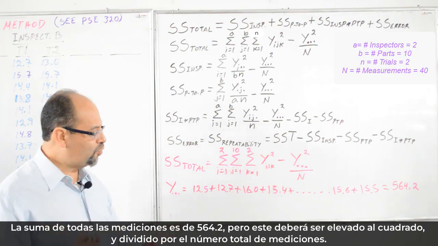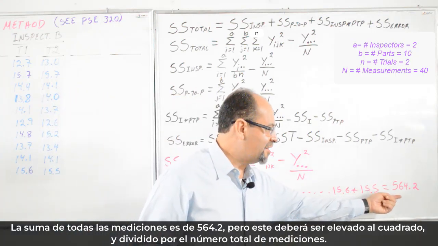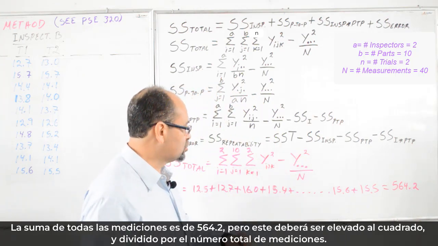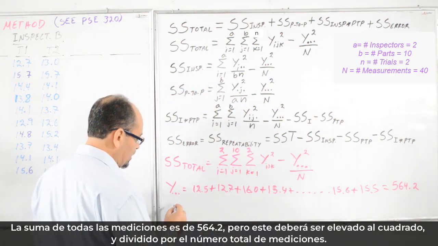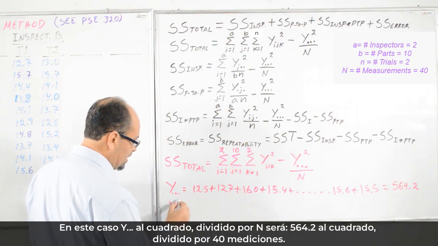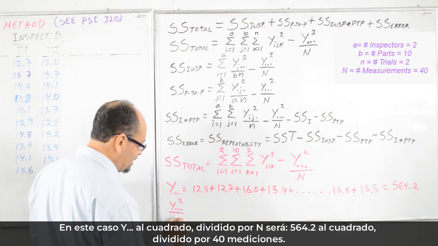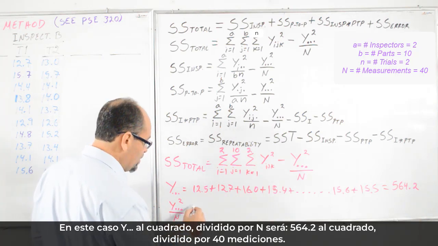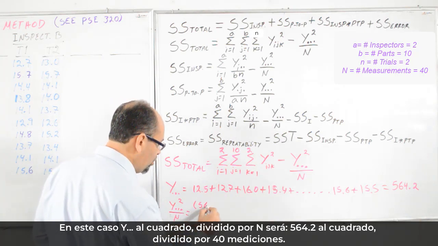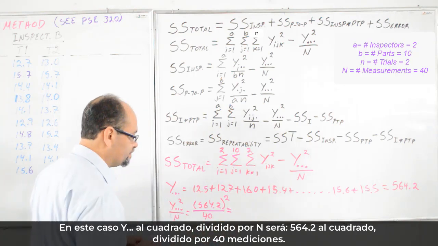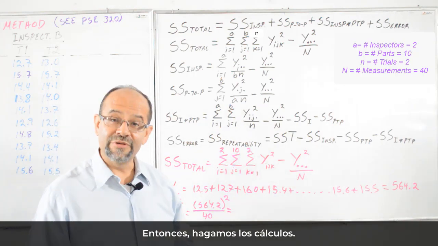The sum of all the measurements is 564.2, but that should be squared and divided by the total number of measurements. In this case, y dot dot dot squared divided by n would be 564.2, all of that squared divided by 40 measurements. And well, let me do the calculation.